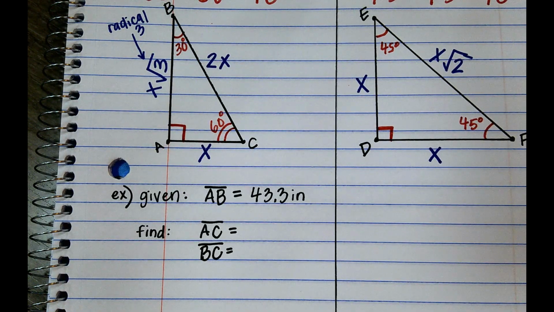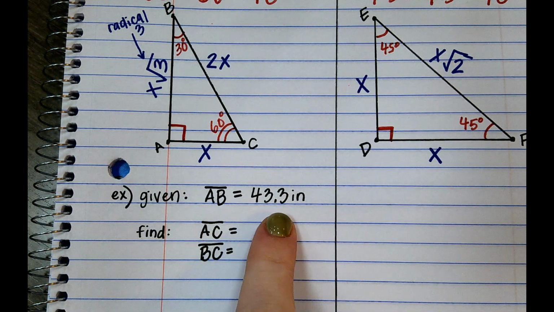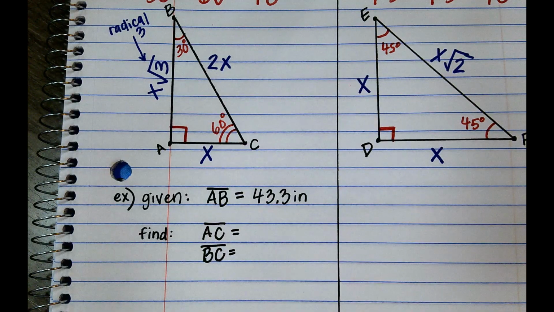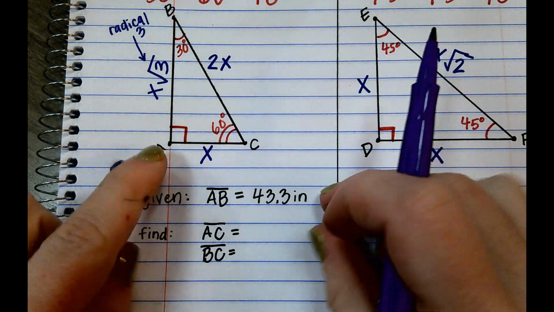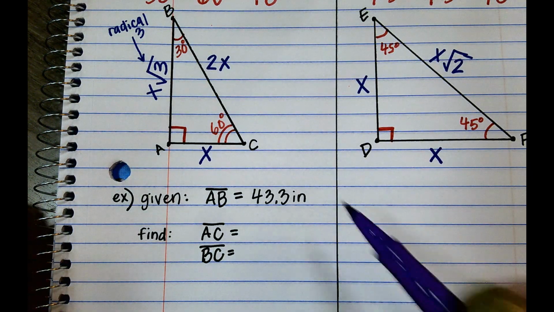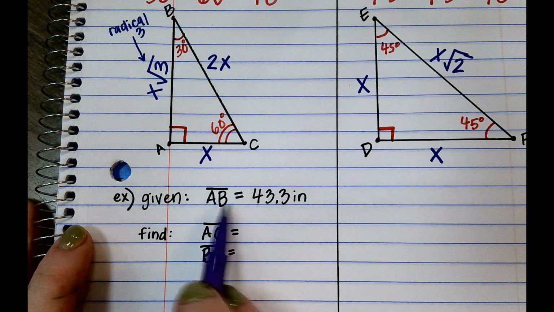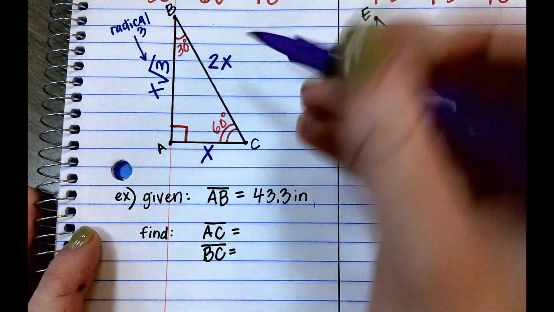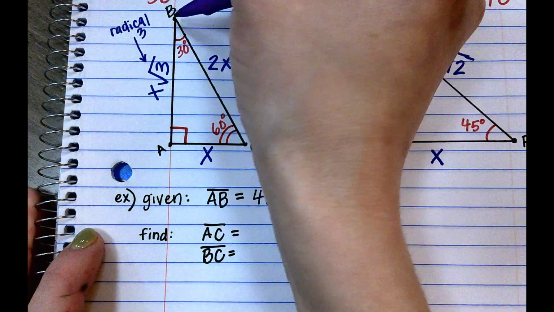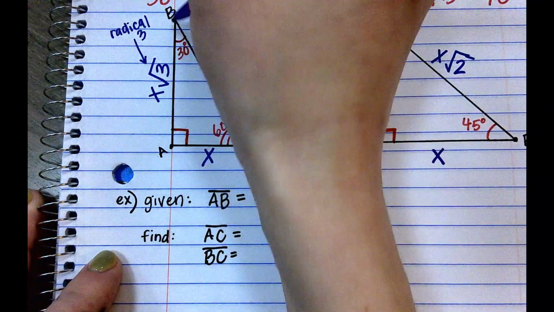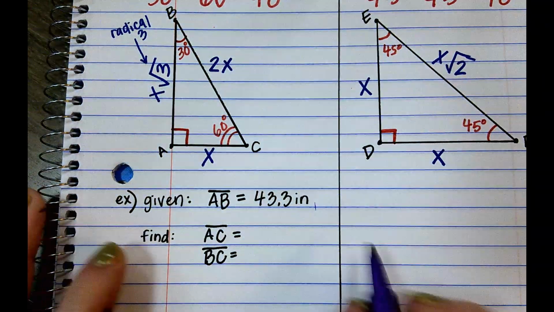So this is how a problem for the special right triangles will look. We know that AB is 43.3. So we're missing two other sides. And the first thing that we want to do is figure out what is the x value of the side length that we're given. So 43.3 is the length from A to B. The x value from A to B is x radical 3.